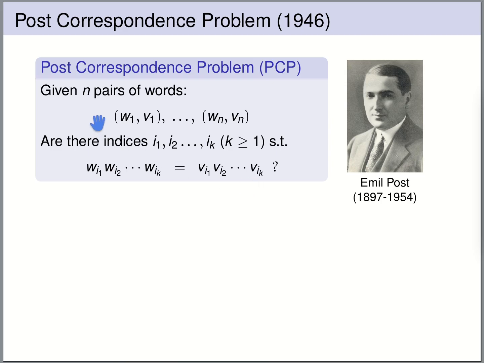So if you think of these pairs as dominoes with the w above the v, then it means, can we put these dominoes horizontally next to each other such that the upper part of the dominoes reads the same word as the lower part of the dominoes together.